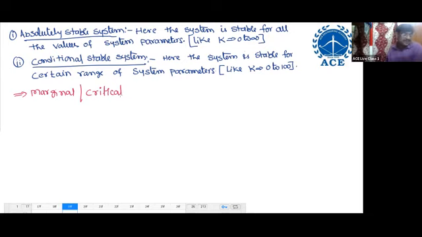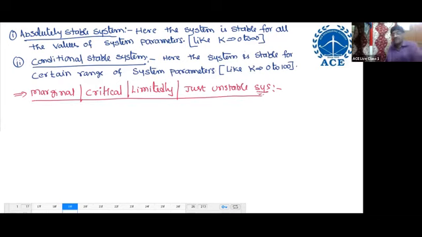Critical stable means marginal stable. Marginally, critically, limitedly stable, just unstable, all are the same words. Be careful, don't confuse critical stable with critical damped.